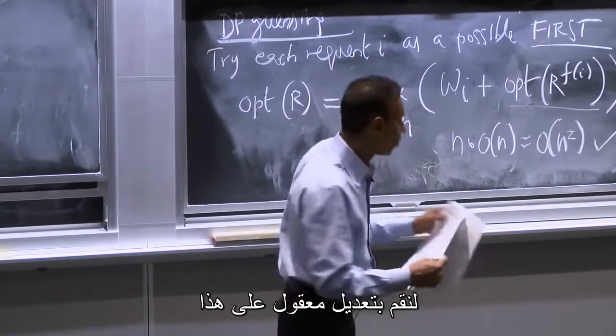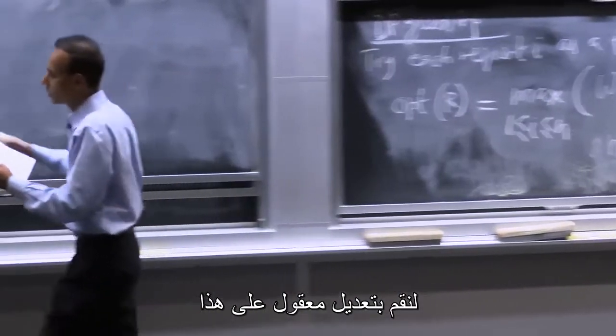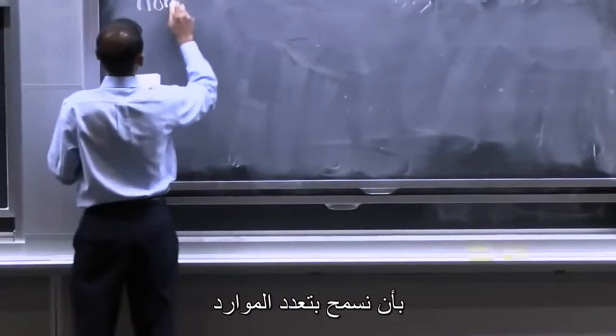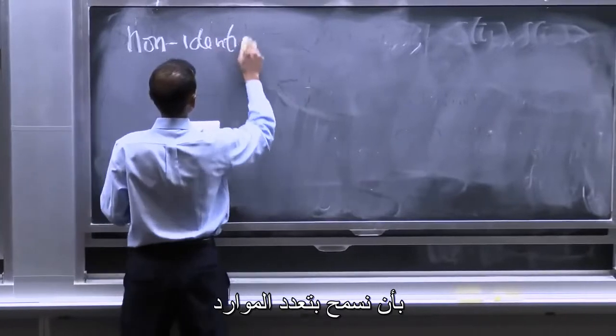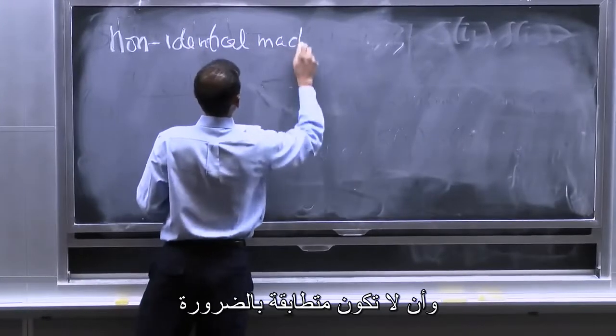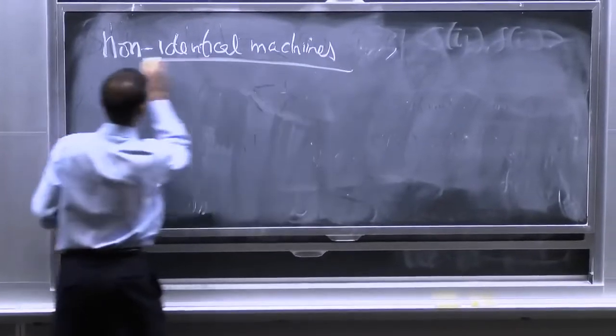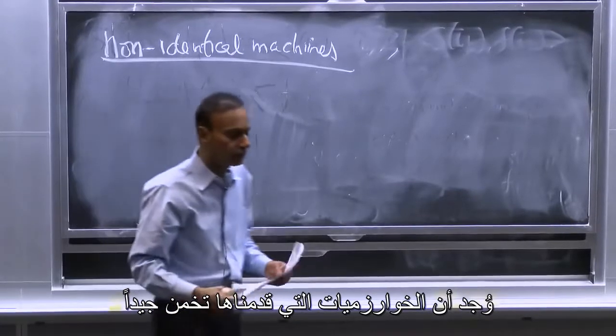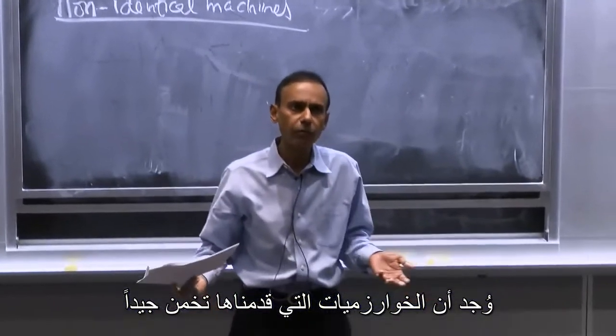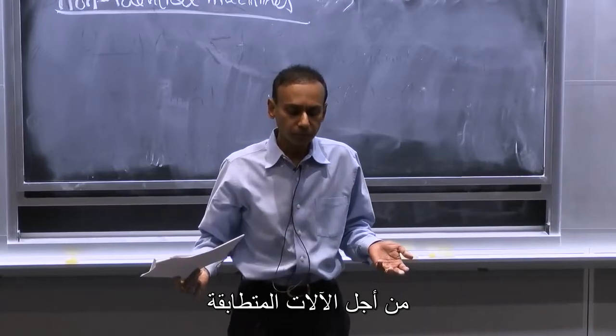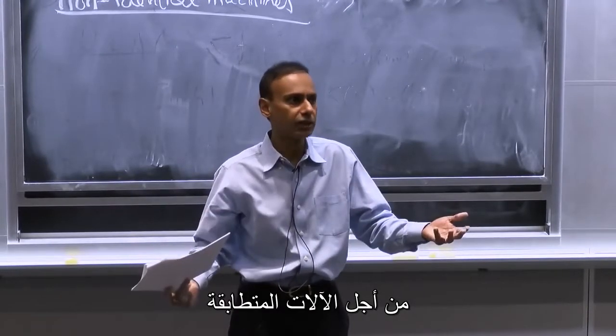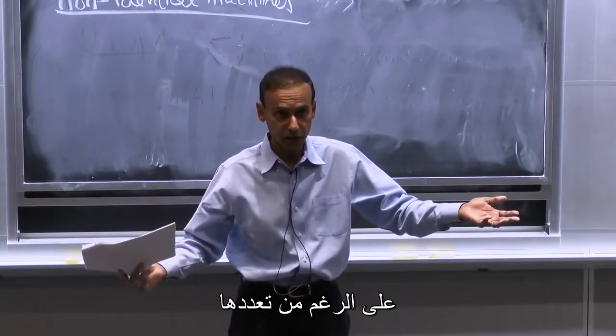Let's make one reasonable change to this, which is to say that we may have multiple resources and they may be non-identical. Right? So it turns out everything that we've done extrapolates very well to identical machines, even though there's many identical machines.